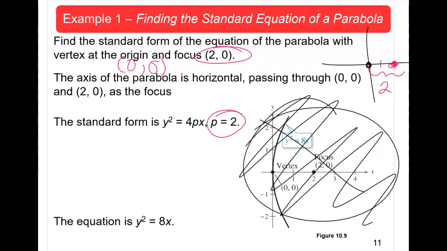So if we wanted to find the equation for the directrix, we could also do that because it will also be 2 units away from the vertex, but in the other direction. So the distance from here to here will also be 2, but the value that corresponds to that line is going to be -2.